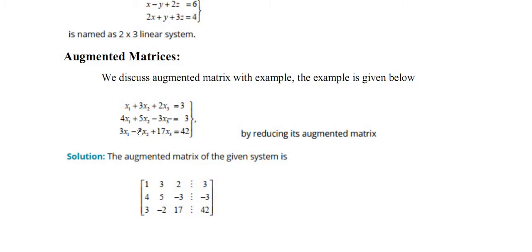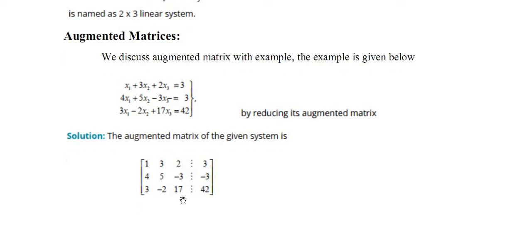When we write this system of equations in matrix form, we write the coefficients of x1, x2 and x3. The coefficient of x1 is 1, the coefficient of x2 is 3, and the coefficient of x3 is 2, and we write here 1, 3, 2 and equal to 3. When we write this system of equations in matrix form, this is called the augmented matrix.